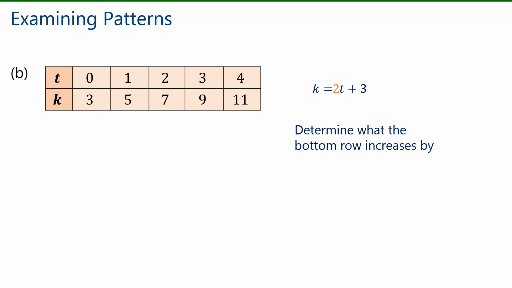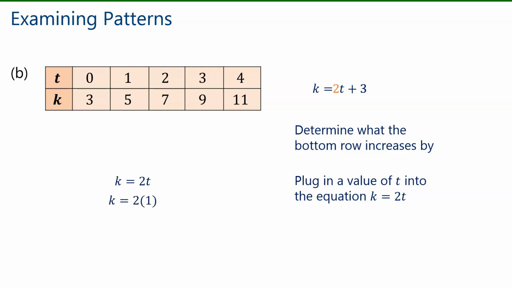So after you figure out what it increases by, then what do you do? Well, plug in a value of t into the equation, k equals 2t. So any of the values that you see in your table, 0, 1, 2, 3, or 4, plug in one of those. So I'm going to plug in t to be 1. Now 2 times 1 is 2.